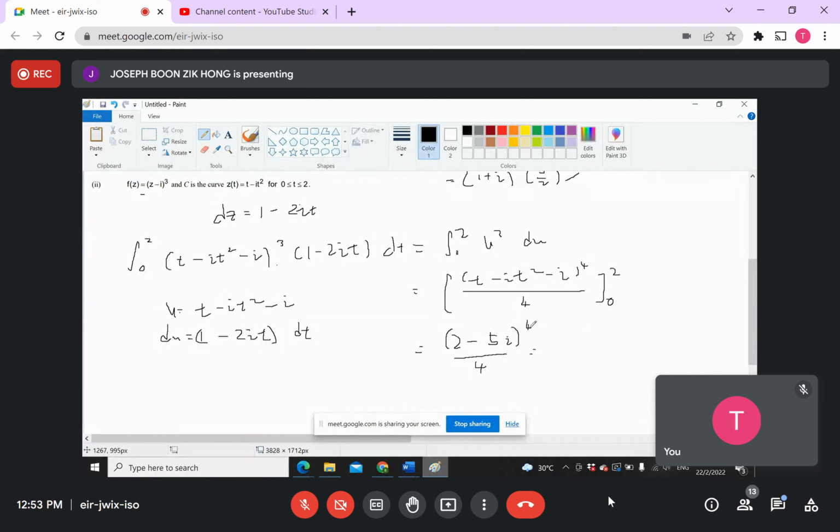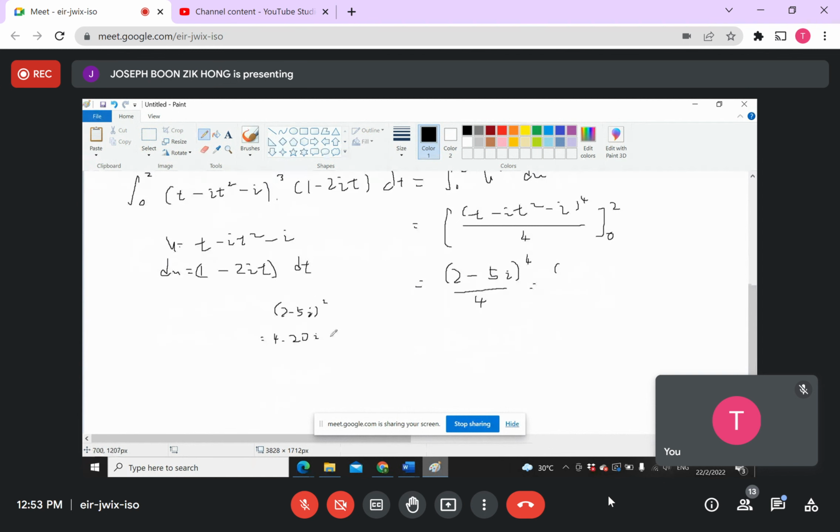Alamak, error. Okay, then I can only do it myself. If I do it myself, I do it one by one. So (2 minus 5i) squared, you should have 4, and then minus 20i, and then minus 25.